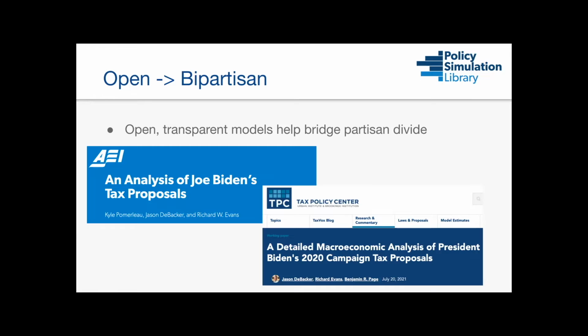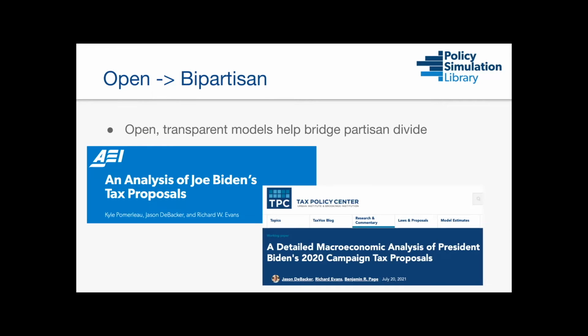So both of these had microeconomic and macroeconomic analysis of these tax proposals. And the macroeconomic model used, which is a PSL catalog model, was used in both of these studies, the same model. So you had both of these organizations sharing the same model. Now they maybe had different assumptions going into the model, but they both used that same open source model.